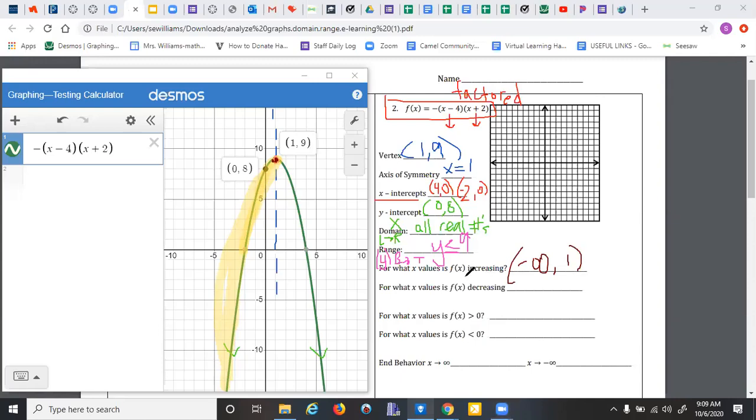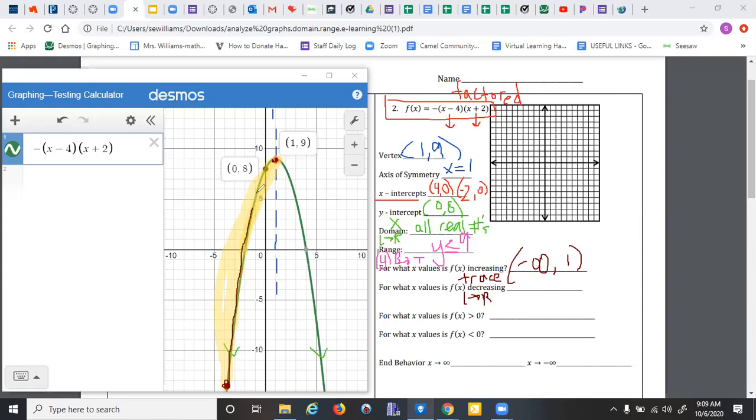All right, guys, for increasing and decreasing, you trace it from left to right. So if I start on the left side and I trace it, what is my mouse doing? Is it going up or going down? Up.